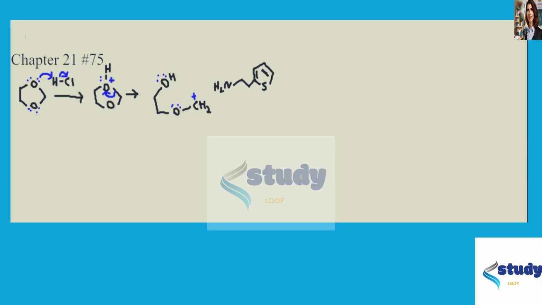All right. And so the lone pair on the nitrogen is going to attack that positive charge. And that is going to get us to this intermediate. And I'm going to flip the orientation around.